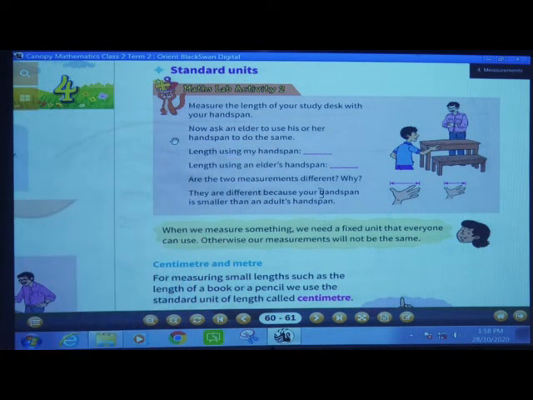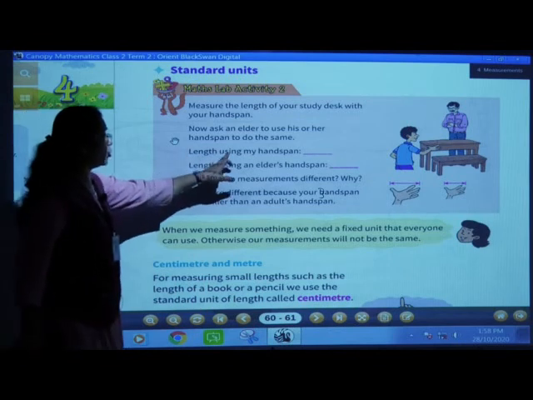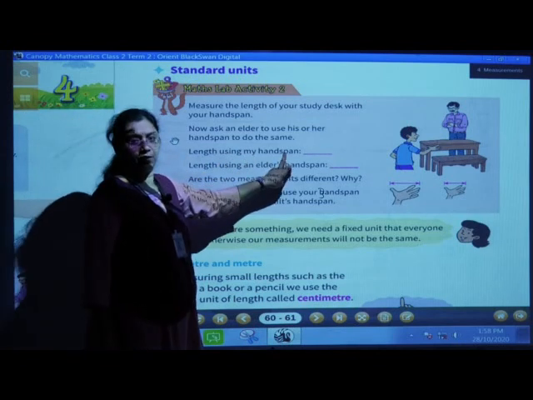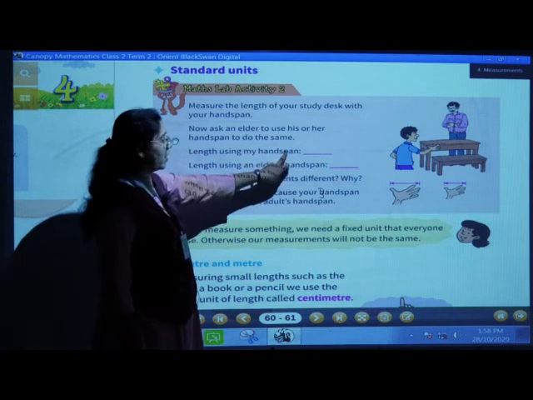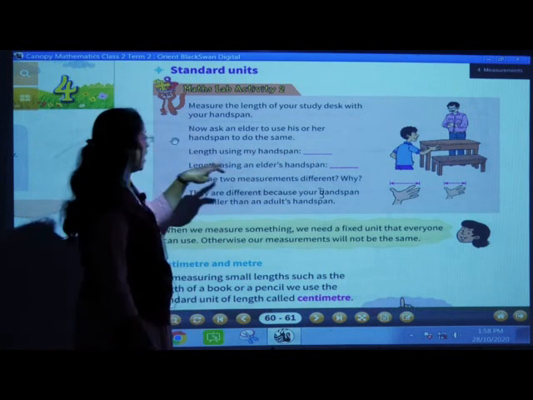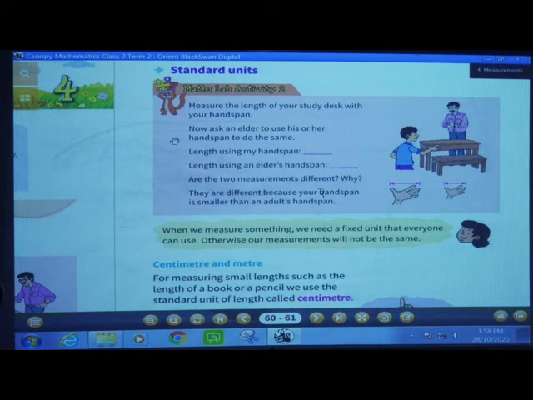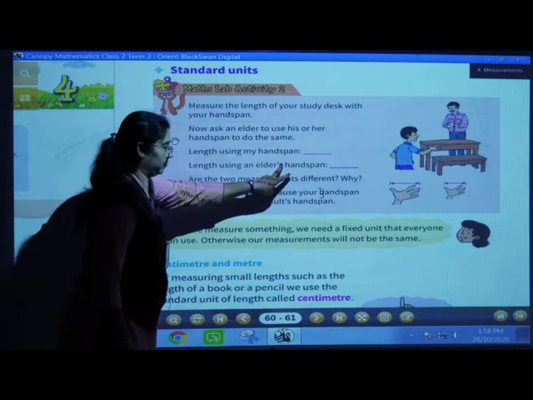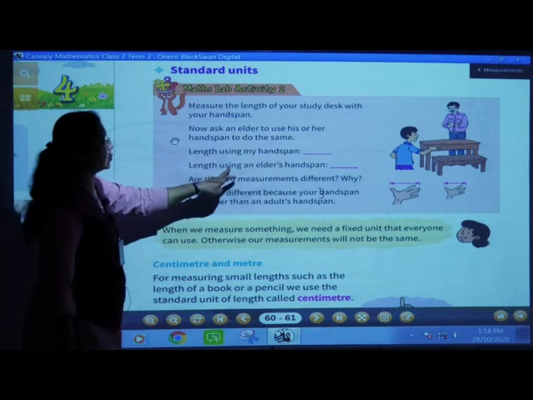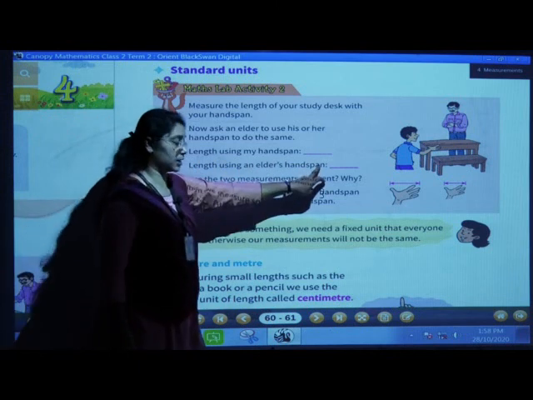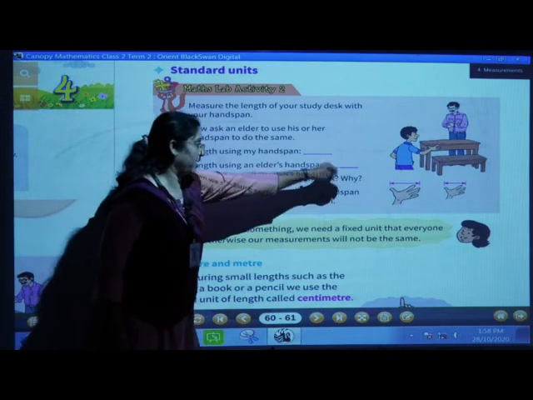Write the length using your handspan here, and the length using an elder's handspan here.